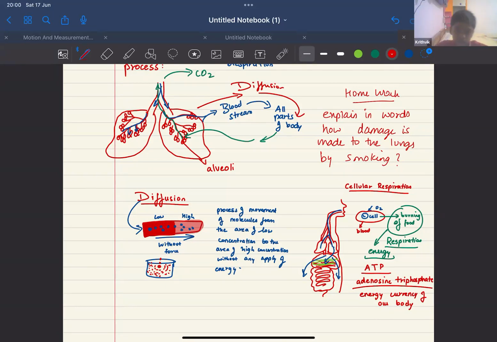Okay, Kritvik, once you have noted the homework, you can leave the class. Ma'am, I copied my homework. Yes, ma'am. Okay, Meghna, once you have noted the homework, you can leave the class. I have noted it now. Okay, thank you, ma'am. Completed.